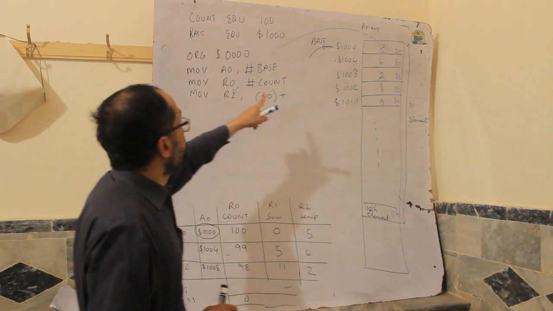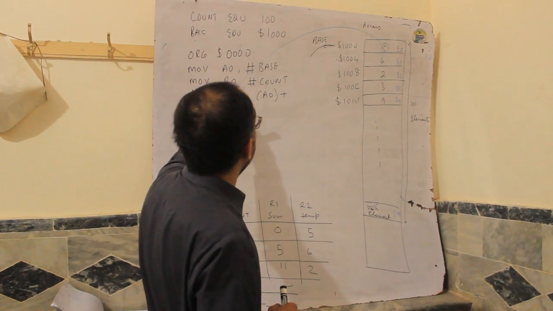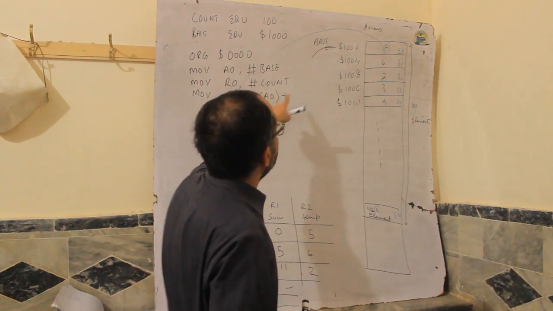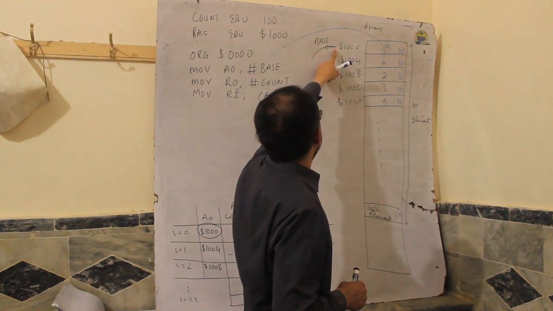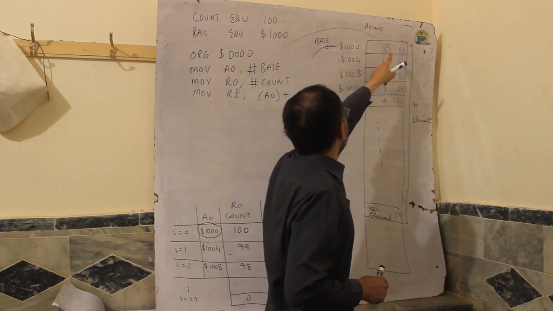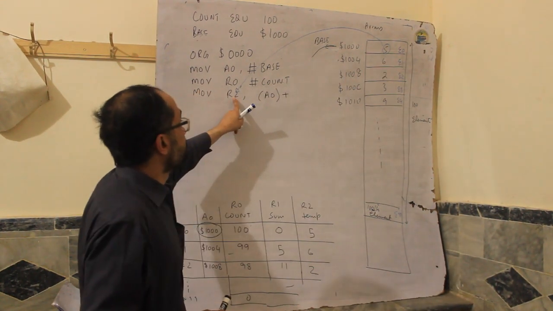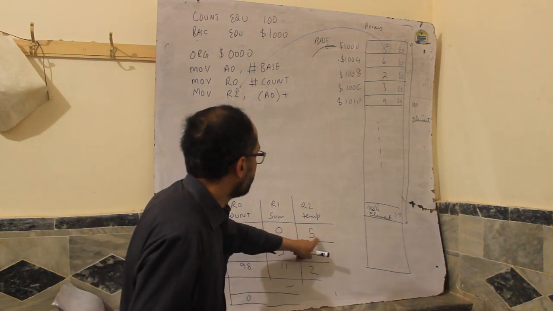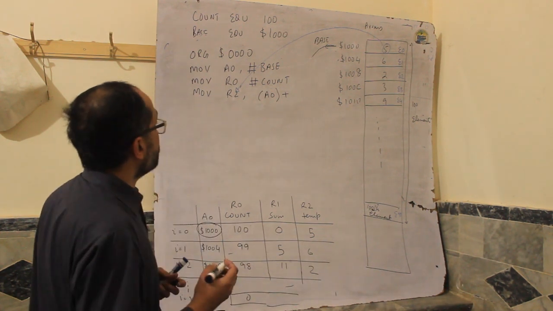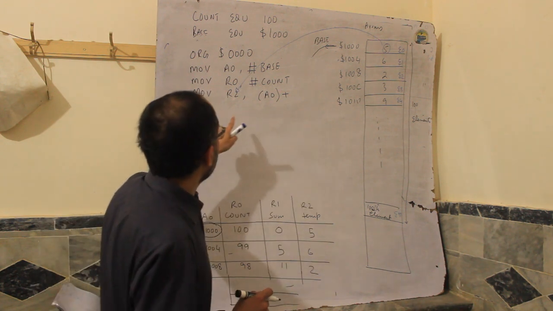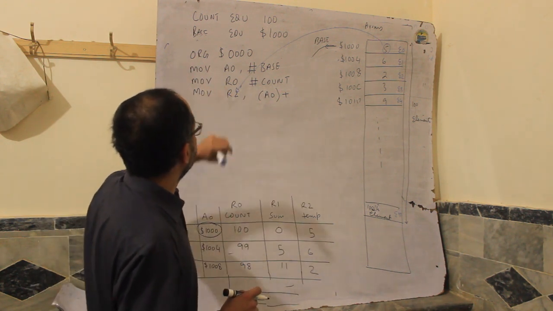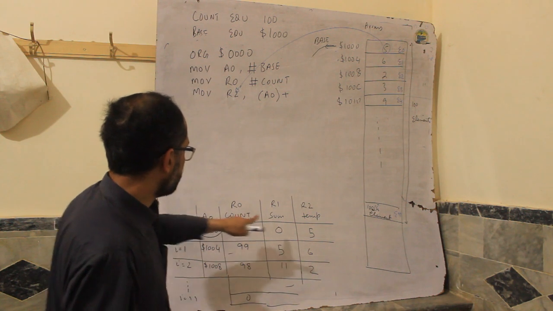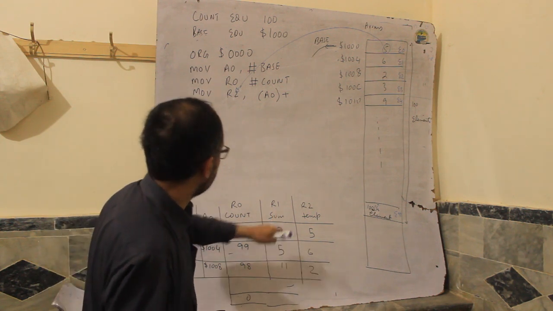Okay, so at first, A0 is pointing to this memory address. The value of the first element is moved to the register R2. So at this point, R2 will contain the first element. Now we are using a register sum.